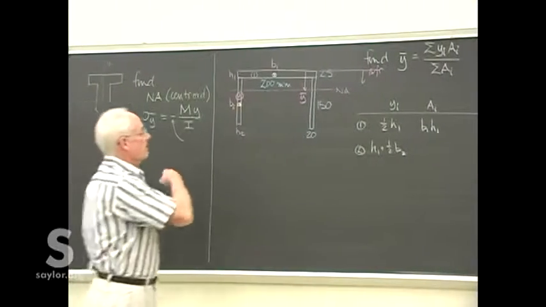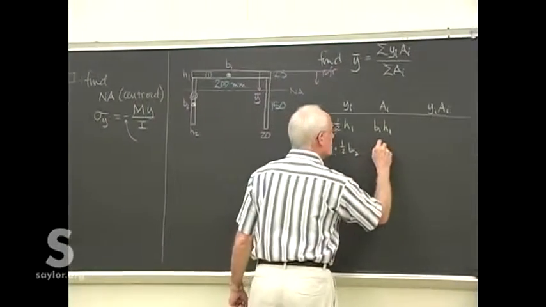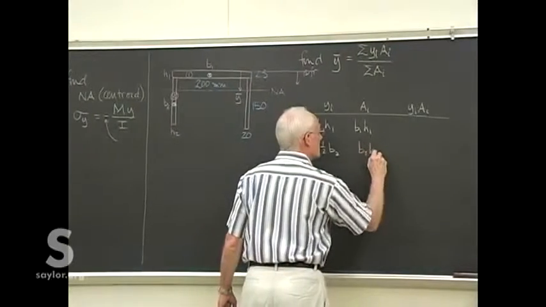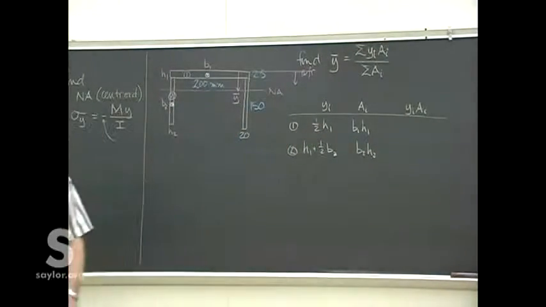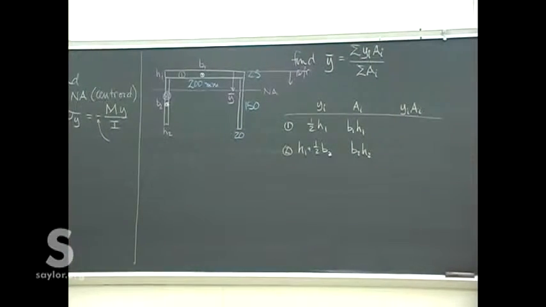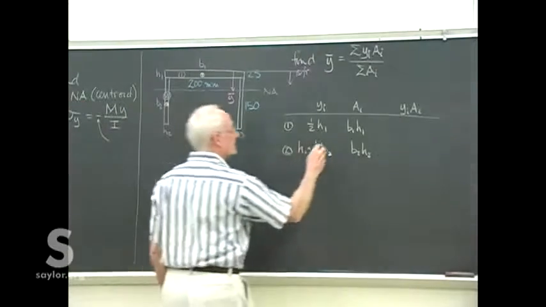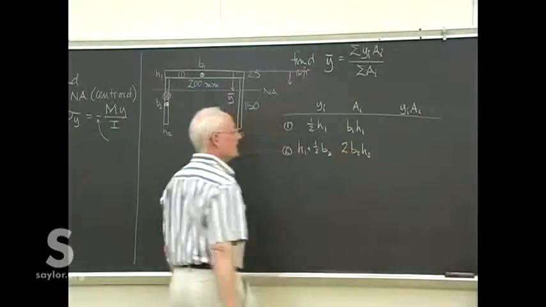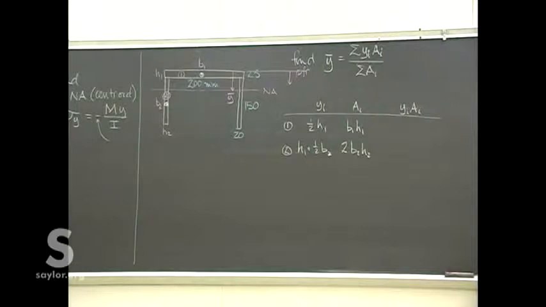And then, of course, the area of piece 2 is B2 H2. However, there are 2 of them, so we can just double it, or you can call it number 3 and add it on separately. It doesn't matter, it all comes out the same anyway. Then we can multiply those, and I'll put those values in so you can double check them later.